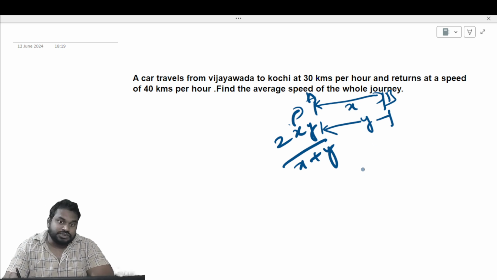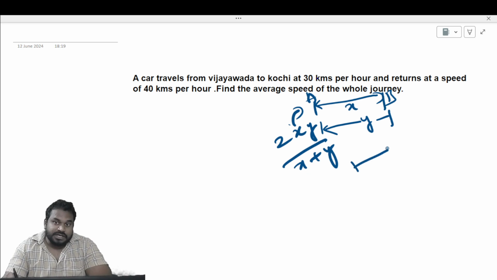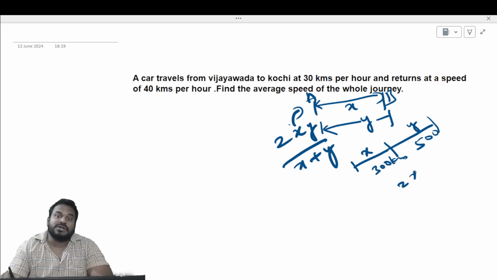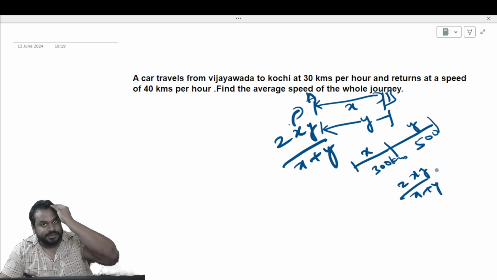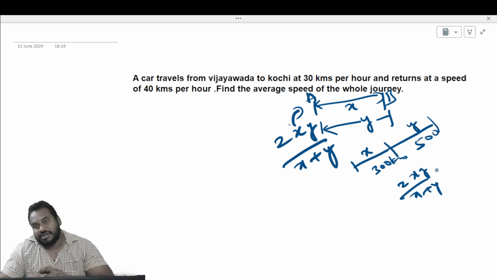But you should not use the same formula if the distances are not equal. So suppose 300 kilometers you went with the speed of x and 500 kilometers you went with the speed of y, then you cannot use this formula 2xy by x plus y to find the average speed. Why? Because the distances are different.